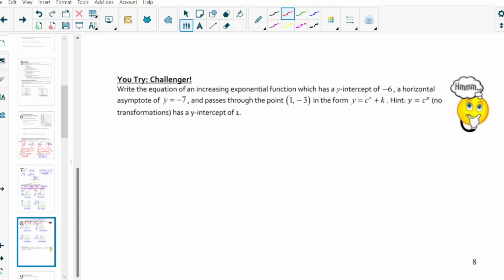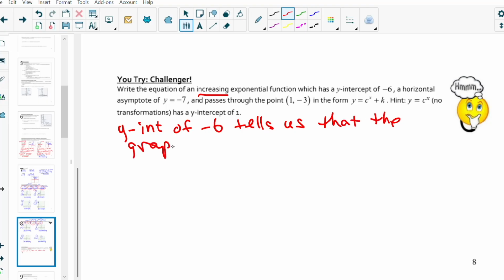Y equals c to the x, we know the characteristic. That is an increasing function, because it says right there it's increasing. If you start from there, let's think about a couple things. A y-intercept of -6 tells us the graph was translated how many units down?